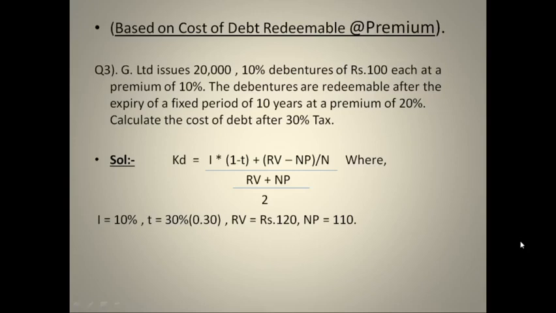Right? So simply substitute these values and bring the final answer, which is nothing but 6.96%. So our final answer says that the cost of debenture after tax for G Limited is nothing but 6.96%. Right, my dear friends? Fine.